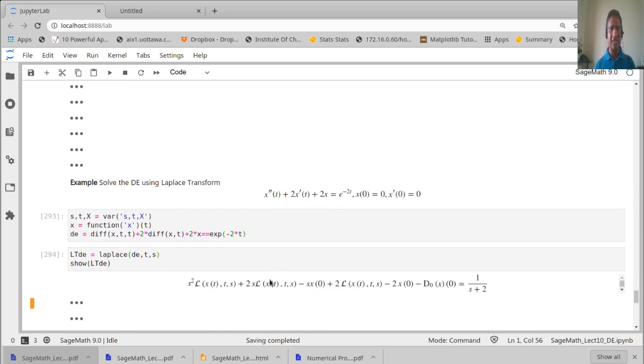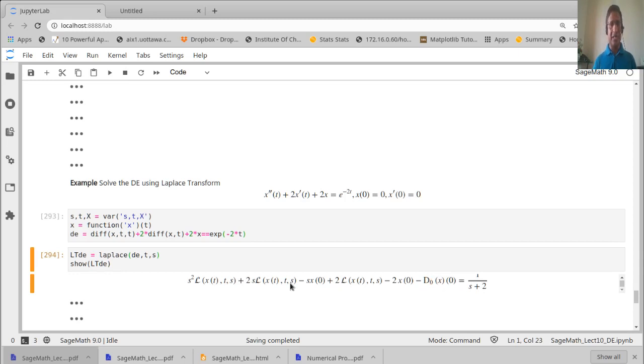When you take the Laplace transform of both sides, the Laplace transform of x double dash t becomes s square into the Laplace transform of x t, then plus 2 times s into the Laplace transform of x minus s into x0, but x0 is given, and so on, right? The right hand side is the Laplace transform of e to the power minus 2t, which is 1 upon s plus 2, and this particular term represents the first derivative of x at 0.